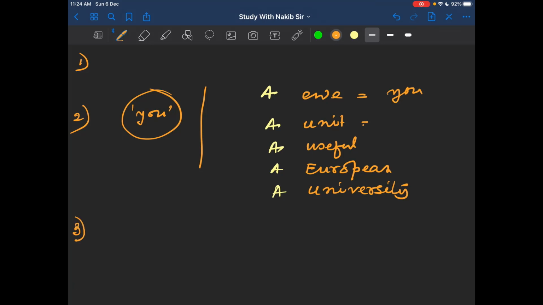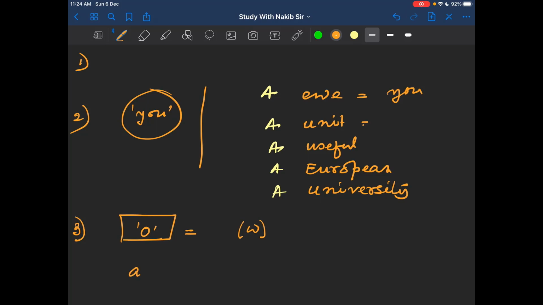Number 3, another rule is there. A is used before the nouns beginning with O, but one condition is there. This O sounds like "wa" at the beginning, like one, you know.